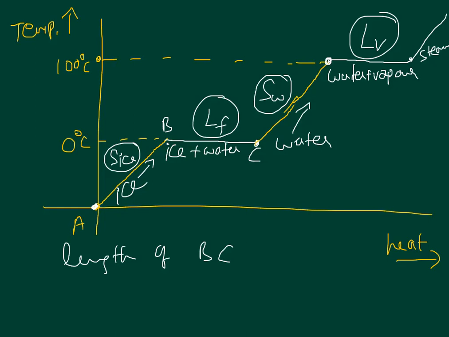So here we use the formula: m s_ice delta theta, here m L_f, again m s delta theta, again m L_v. Like that we'll use the formula for heat. Now what is the length of BC? The length of BC is directly proportional to the latent heat of fusion of ice.